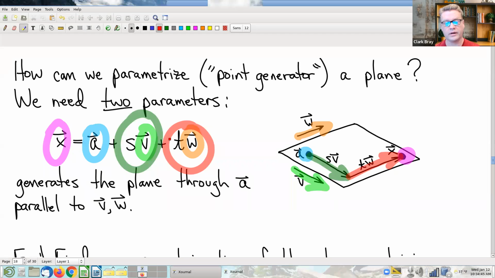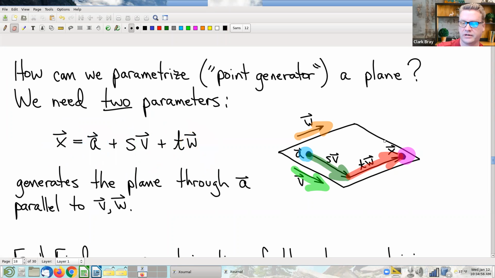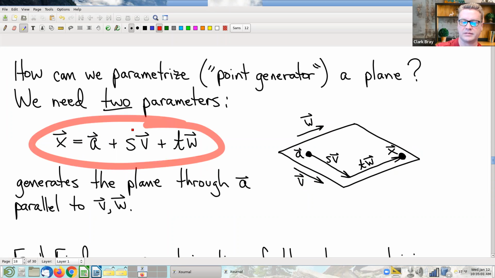Furthermore, I think it's pretty easy to buy that you can get anywhere on the plane this way. So it's a very direct construction, and this is how you parameterize a plane. Good thing to keep in mind. By the way, there's a homework exercise early on, I want to say in section 1.1, that ultimately uses this construction.